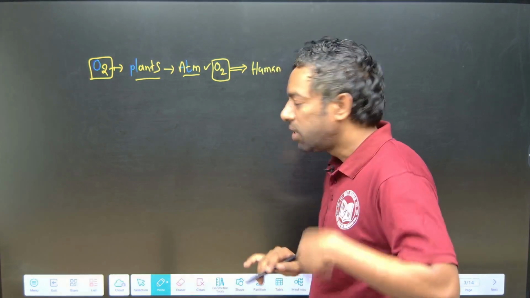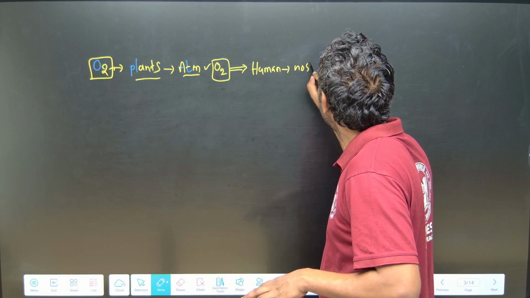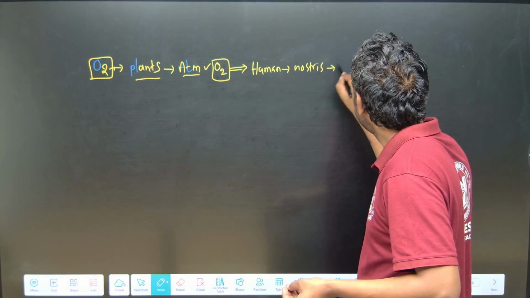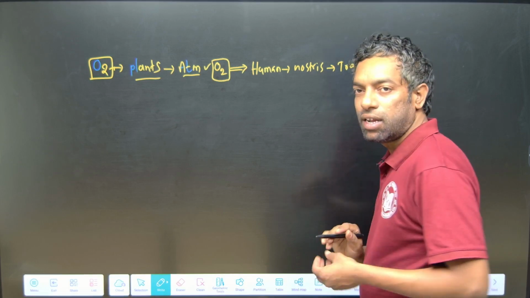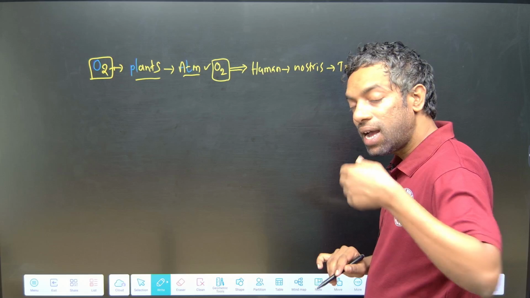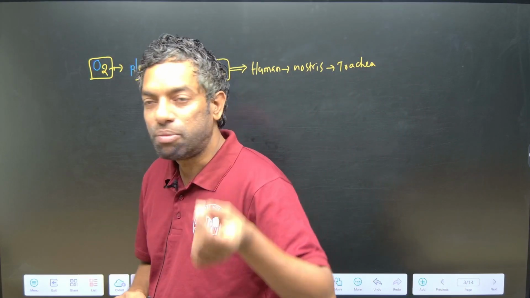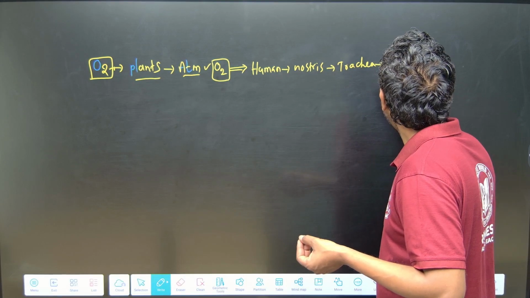Humans take the oxygen in from the nostrils, and it reaches the trachea first. The trachea is the gas tube, connected with the mouth tube. From the trachea it reaches the lungs.